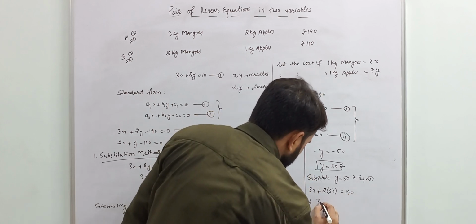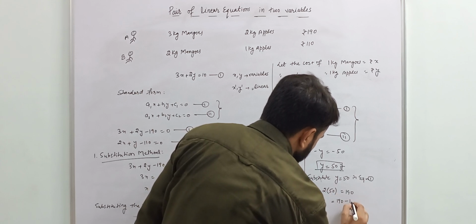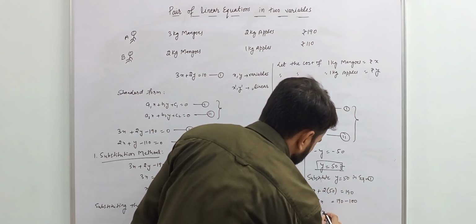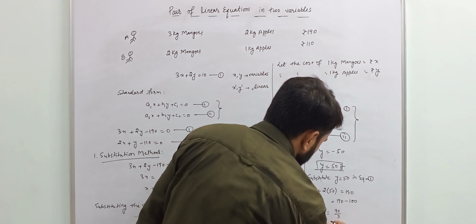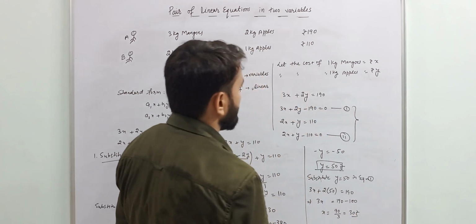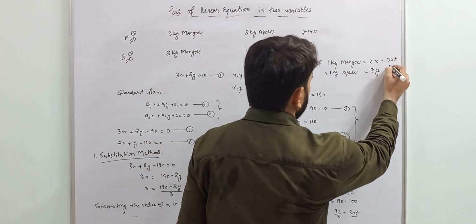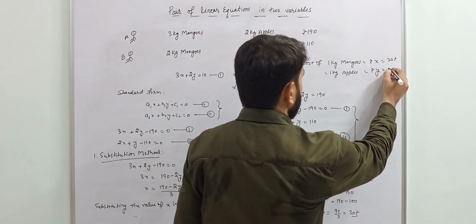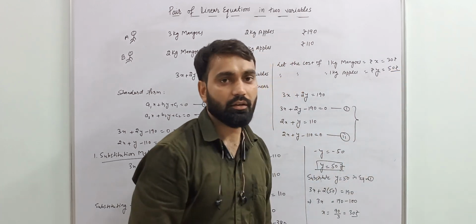So that implies 3x is equal to 190 minus 100. So x is equal to 90 upon 3, that is 30. So the cost of 1 kg mango is 30 rupees and the cost of 1 kg apple is 50 rupees. Okay, thank you.